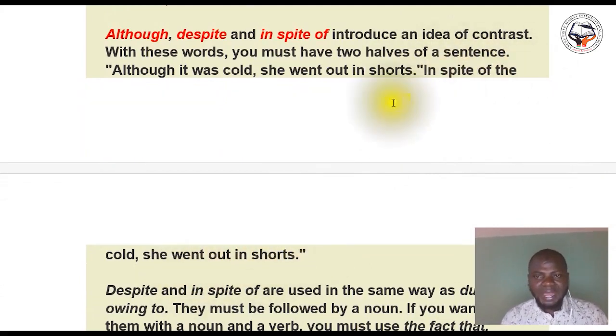In spite of the cold, she went out in shorts. So with them, you must have two halves of a sentence. Although it was cold, she went out in shorts. Or, in spite of the cold, she went out in shorts.